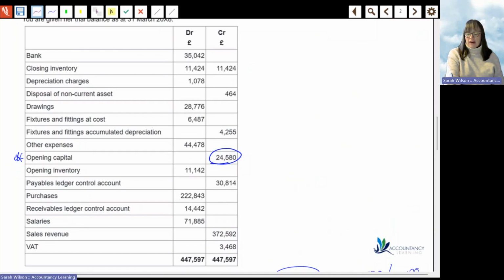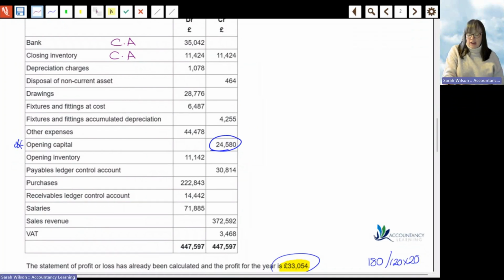So the bank account is going to be a current asset because that's the money that we've got in the bank. Our closing inventory is going to be a current asset because that's what we have in terms of inventory. We continue working down. We've got our receivables ledger control account is our current asset there.